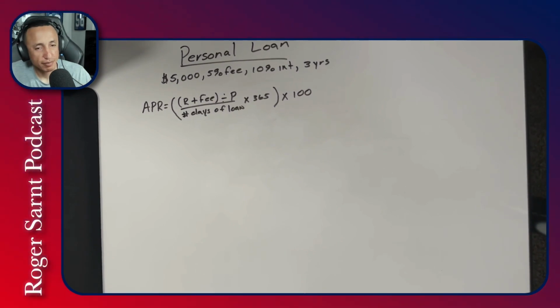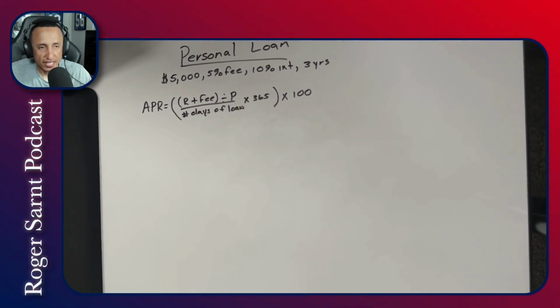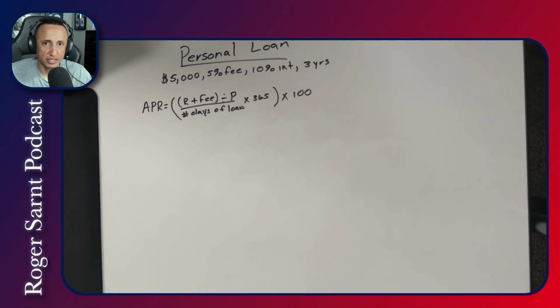That's multiplied by 100 because that's how you convert your annual percentage rate into percent.